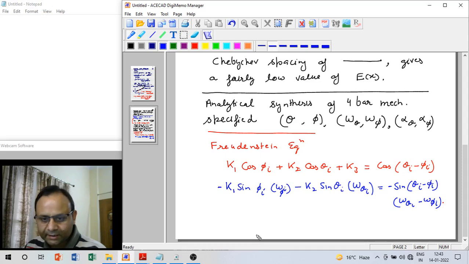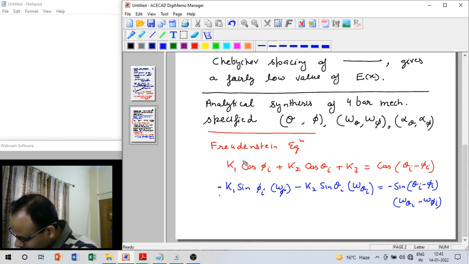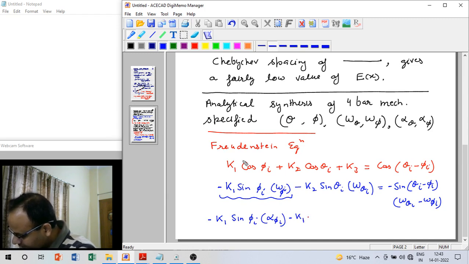And you differentiate it again. I'm not going to do that in full; I'll just write one term here. Corresponding to this, when you differentiate, you will get minus k1 sine phi I, and the derivative of omega phi, that will be alpha phi I. And there will be two terms here: minus k1, you differentiate sine phi I, that will be cos phi I, and the derivative of phi I, that will be omega phi I, and along with that you already had one omega phi I here, so it will become the square of this.